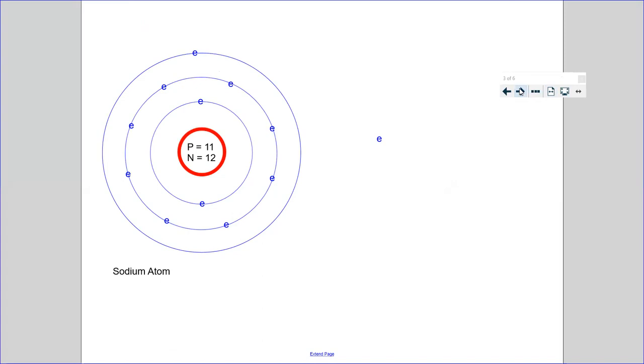Do you know something about free electrons? Tanya, keep yourself unmuted because we are discussing it with you. Yes, the number of electrons in an atom are equal to the number of protons. But what are the free electrons?